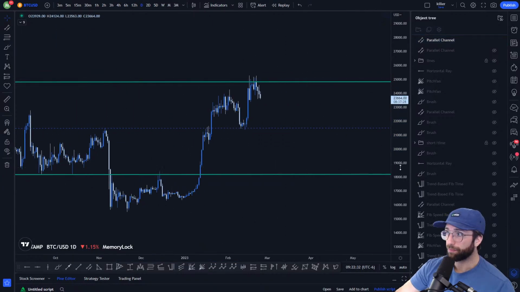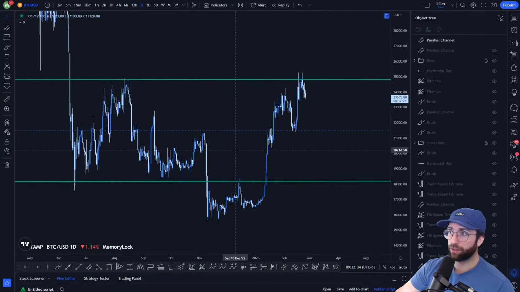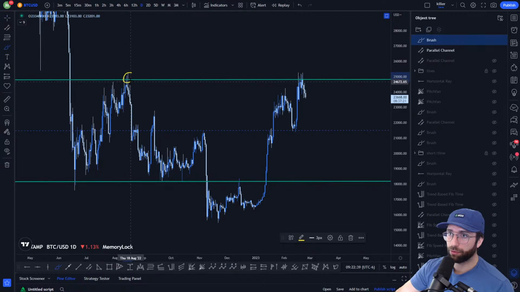Okay, let's take note of the very first thing here before we dive into more specifics. Range high was resistance here.